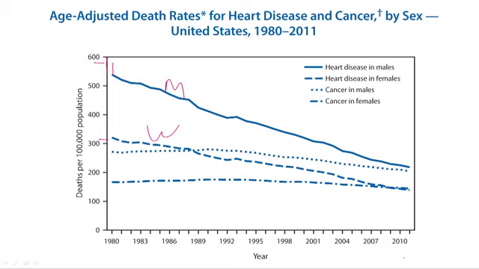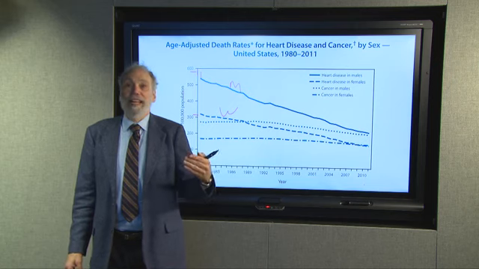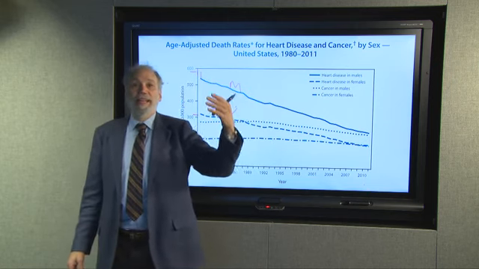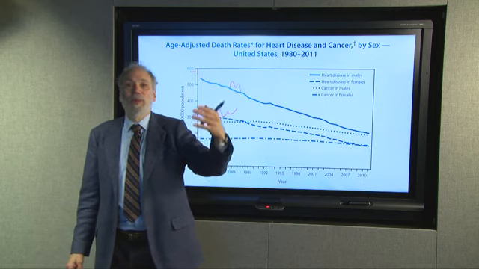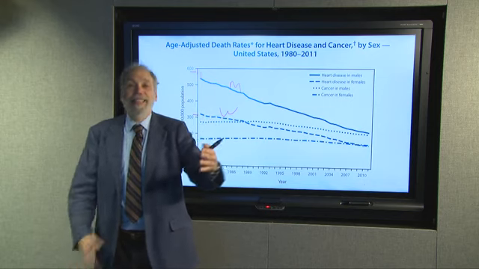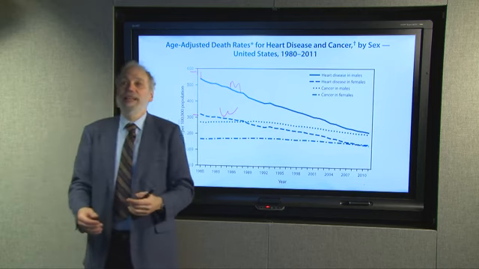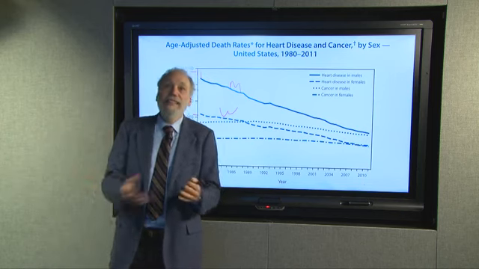And even for cardiovascular disease, a lot of the drop in mortality over this time period comes from the fact that people started to quit smoking after the Surgeon General's report in the 60s. It takes about 20 years for that to start showing up in mortality rates.